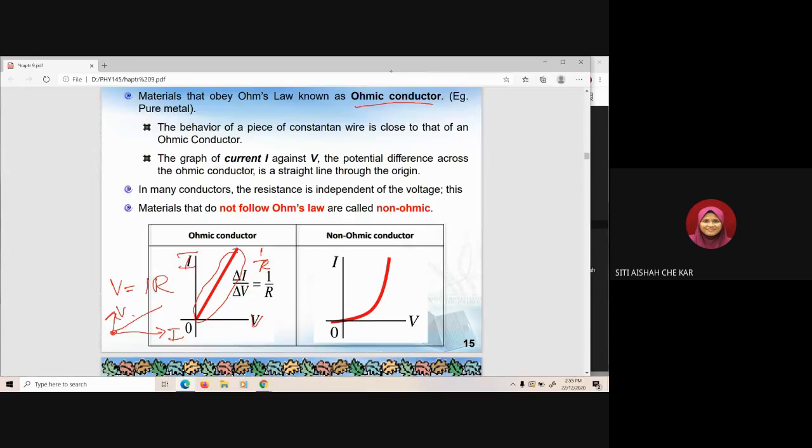When you calculate the slope, the slope equals R. This one is a non-ohmic conductor.